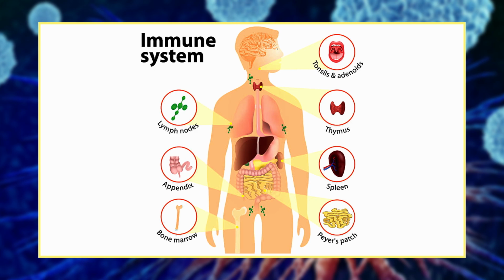The immune system, a complex network of cells, tissues, and organs, protects against infections and diseases. Its hallmark is distinguishing self from non-self, forming the foundation of clinical immunology and guiding the mechanisms that recognize and respond to foreign structures in health and disease.